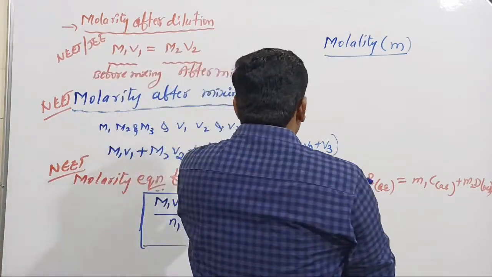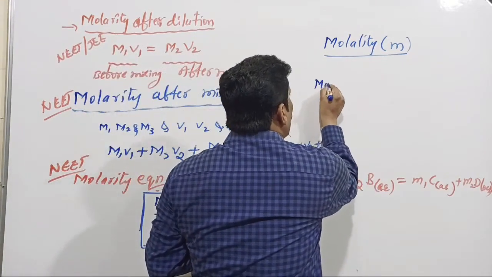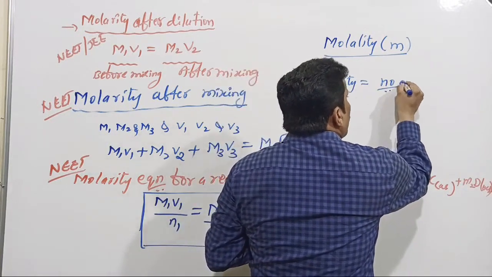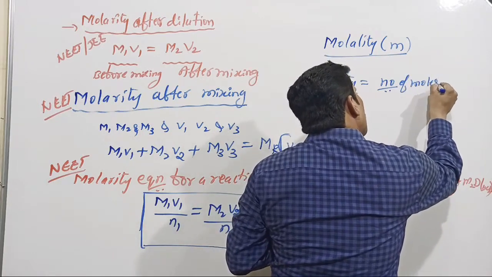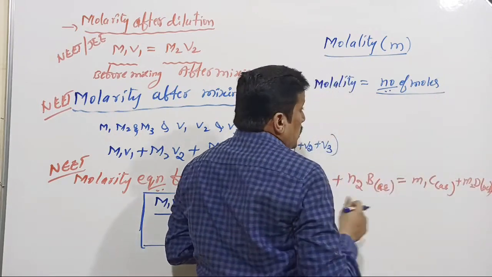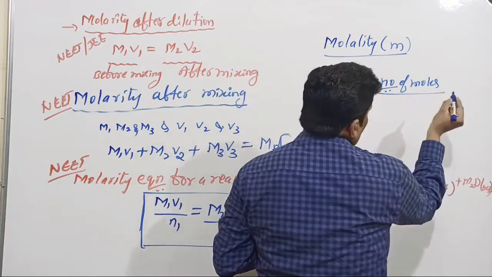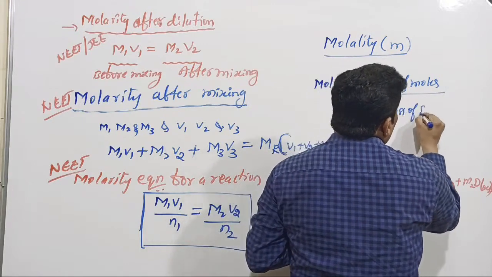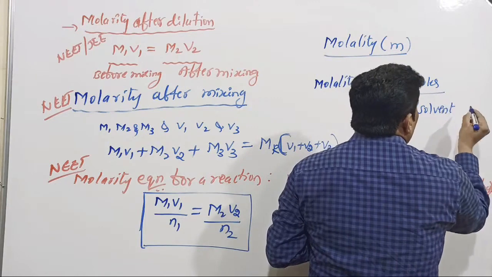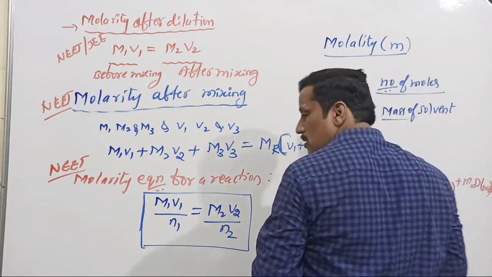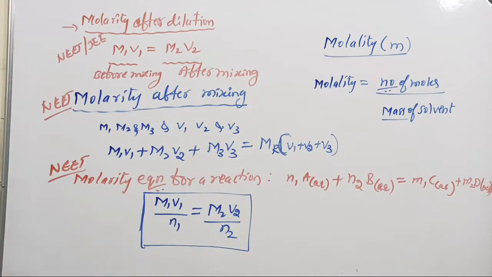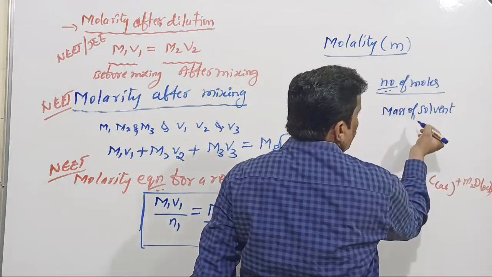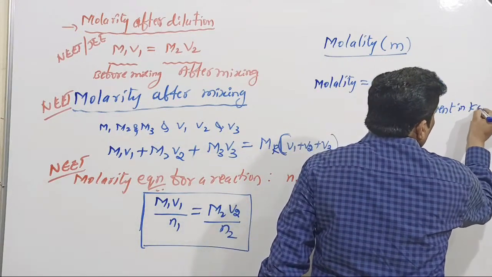So the expression we are going to write is: molality is equal to the number of moles of solute divided by the mass of solvent in kg.